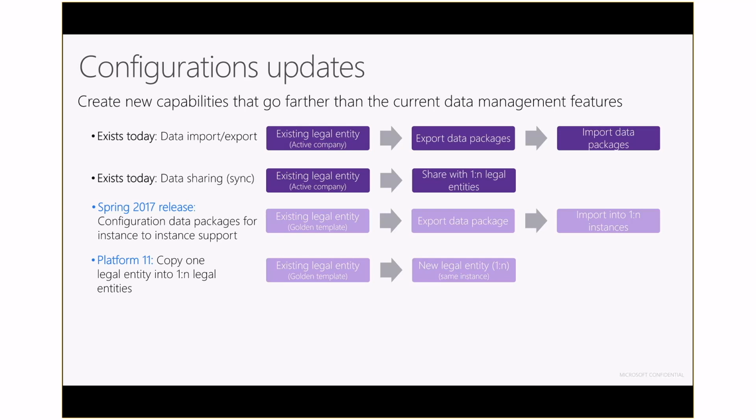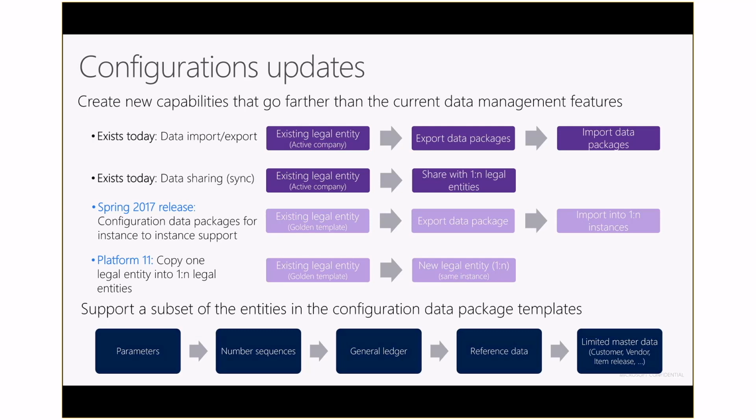The new thing that we added here is copy legal entity. This is a copy of a legal entity inside the same instance. So if you have a legal entity and you're creating a new one, you are able to take the parameters, reference, master data from that existing legal entity, copy it over into a new legal entity and then get started. That's what we're going to talk about today. So it's really an extension of what we released in the spring to finalize our feature set.